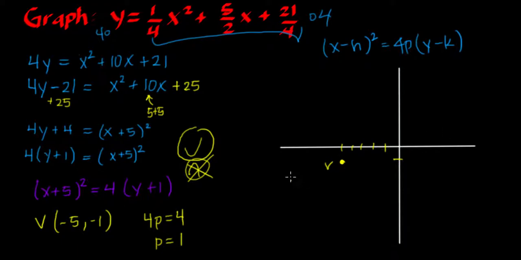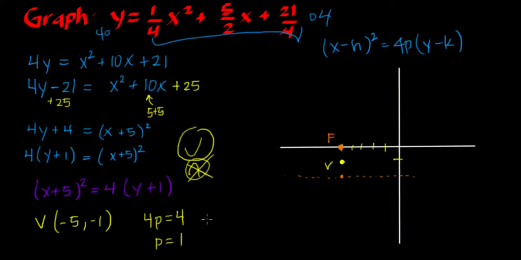Now I'm going to use the p to find all the other values. It's going to be 1 to find the focus. Remember, this parabola is going to open upwards, so my focus has to be upwards. So I'm going to go up 1 space and put my focus right there. Then I'm going to go down 1 space from the vertex, and this is going to give me my directrix. Before I get ahead of myself, I might want to write down that information.